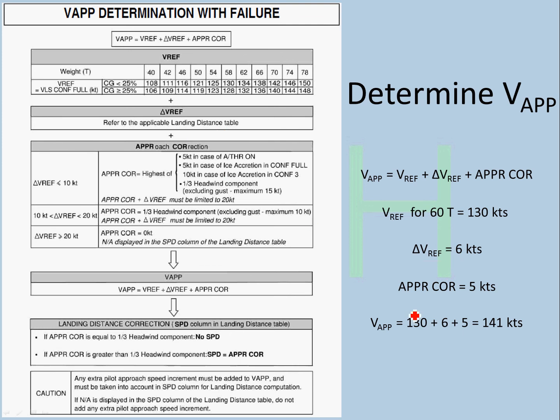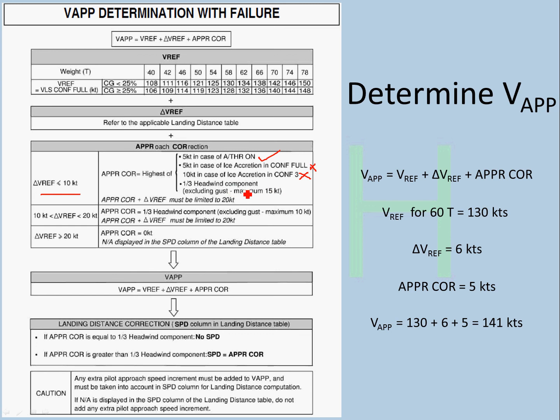The next step is to find out the approach correction. Our delta Vref was less than or equal to 10 knots, which was 6 actually, so we'll consider this part of the table. Approach correction is equal to the highest of: 5 knots in case of auto thrust on, and auto thrust is on; 5 knots in case of ice accretion in config full, we don't have config full; 10 knots in case of ice accretion in config 3, we don't have ice accretion at all; or 1/3 of headwind component excluding gust, maximum of 15 knots.